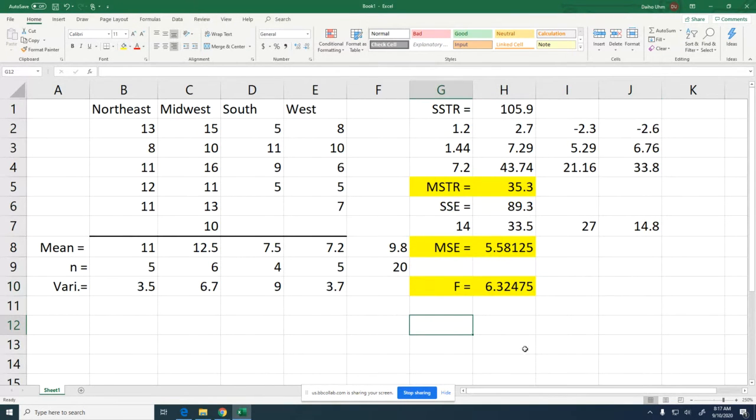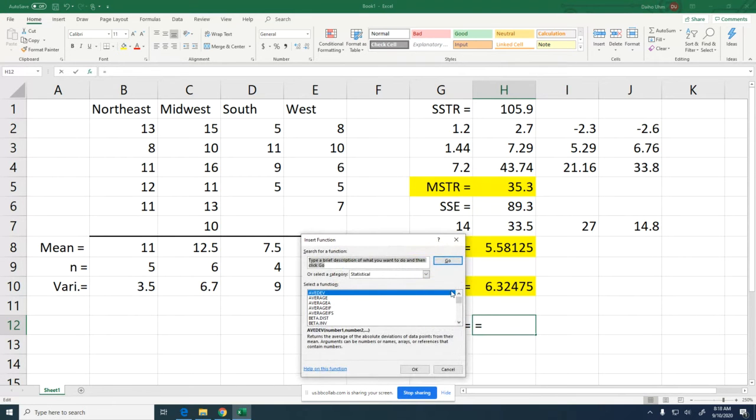Now the p-value. Yeah, we have a function. So let me go to the function. It is not a common one either, so I have to go to the statistical category. And we need the probability from F. So let me go down and look for F. See?